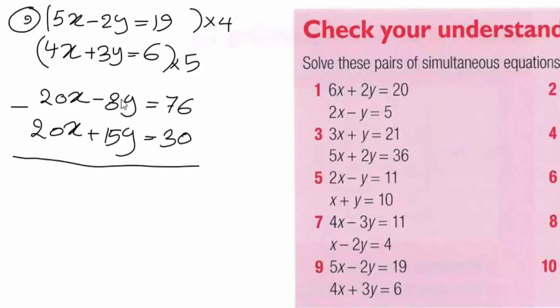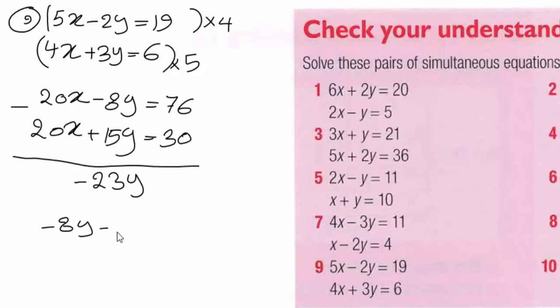Negative 8y minus 15y will be negative 23y. Again, negative 8y minus 15y.